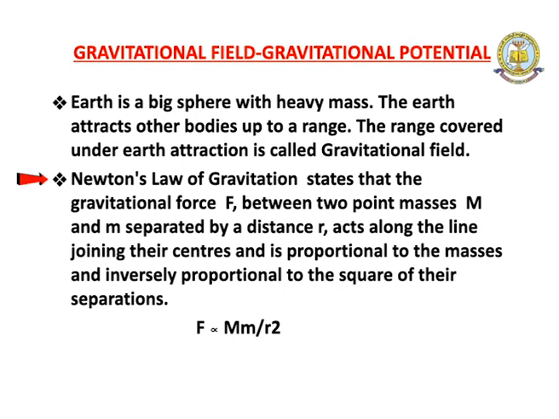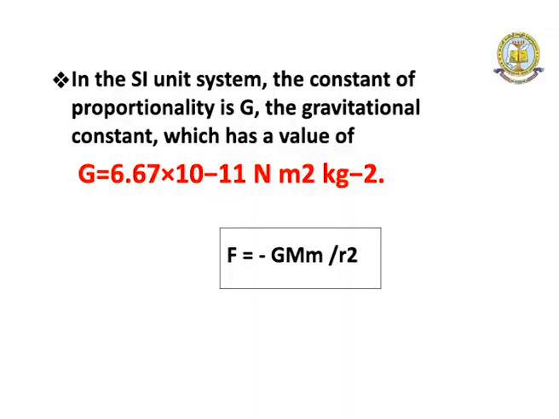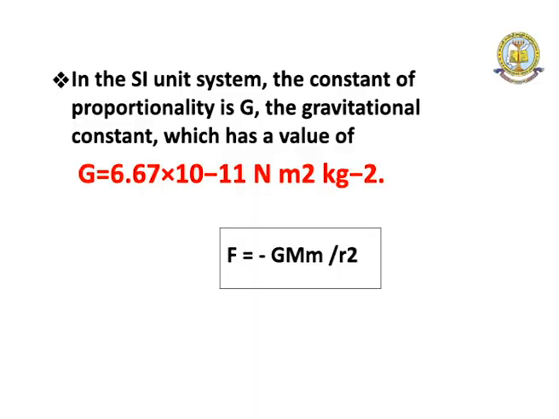So F is proportional to capital M into small m by r square, that is F is equal to G M m by r square. G is the constant, that is the gravitational constant. In SI units, F is equal to G into capital M small m by r square, where G is the gravitational constant with the value 6.67 into 10 to the power of minus 11 Newton meter square per kilogram square.